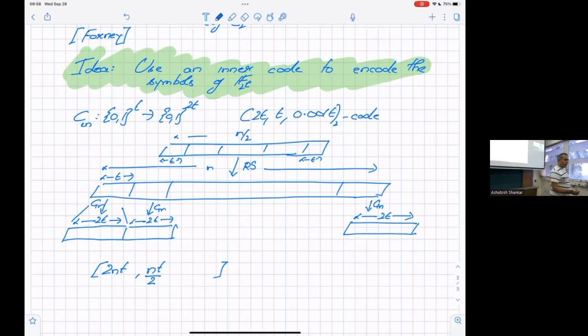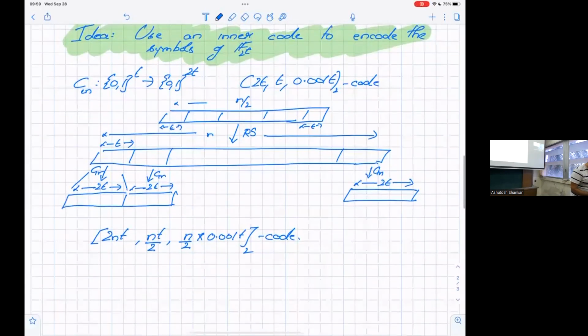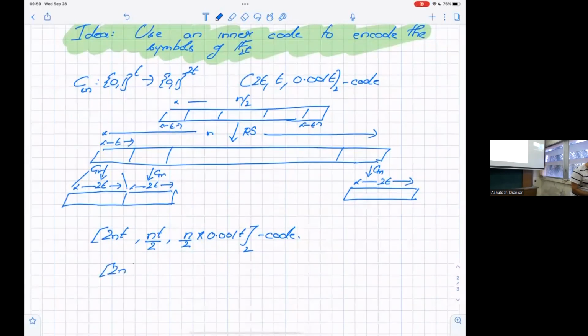Therefore, the final code I'm going to get has n by 2 locations in which I'm going to have different things, and for each of them, I'm going to get an extra 0.001 t. So finally we have 2nt with distance 0.0065 nt.